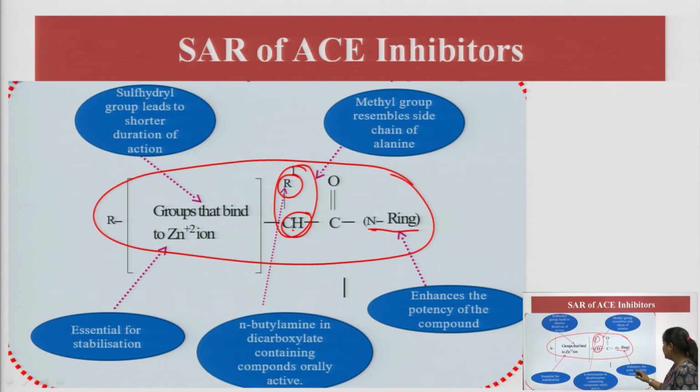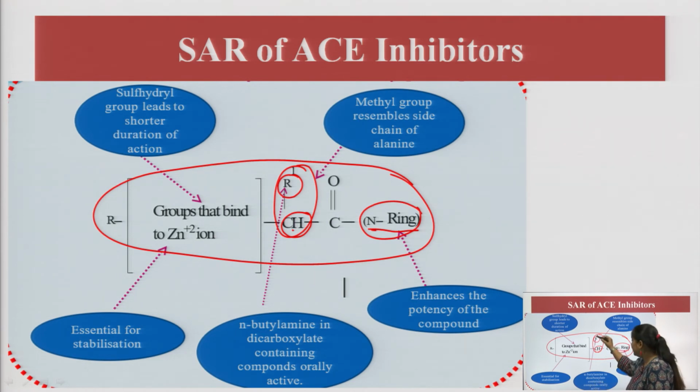Then comes the second: the ring, the nitrogen with the ring, enhances the potency of the compound. That means the presence of the ring with the nitrogen is very important for its activity. Next, N-butylamine dicarboxylate containing compounds are orally active.